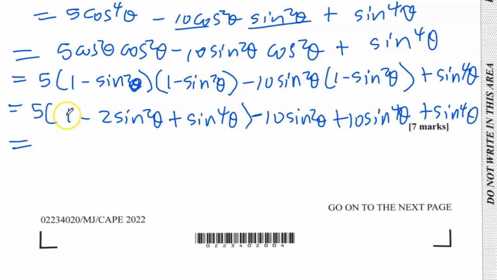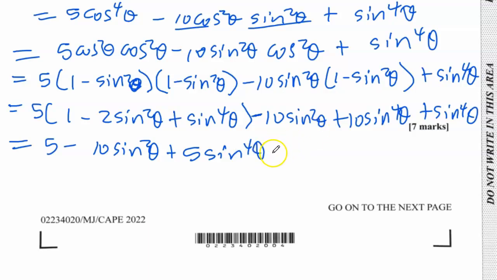Equal to, distribute the 5, so we end up with 5 minus 10 sine squared theta plus 5 sine to the 4th power theta, and then we have minus 10 sine squared theta plus 10 sine to the 4th power theta plus sine to the 4th power theta.